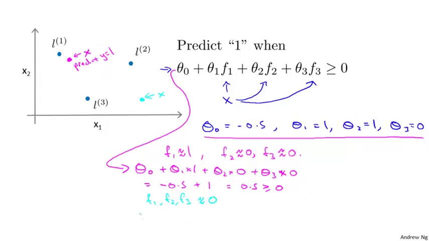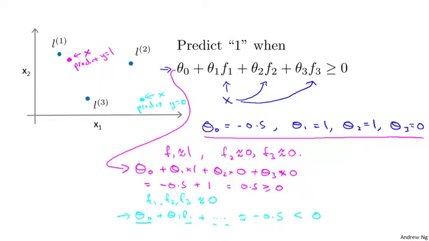And so we have theta 0 plus theta 1 F1 plus so on, which will be about equal to minus 0.5, because theta 0 is minus 0.5 and F1, F2, F3 are all 0. So this will be minus 0.5, which is less than 0, and so at this point out there, we're going to predict y equals 0.